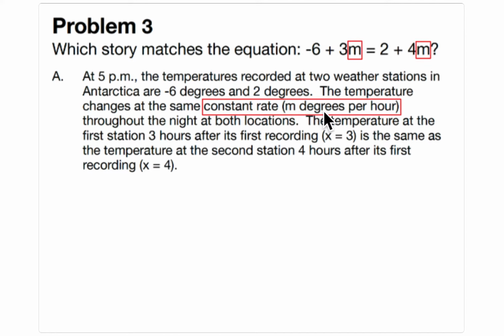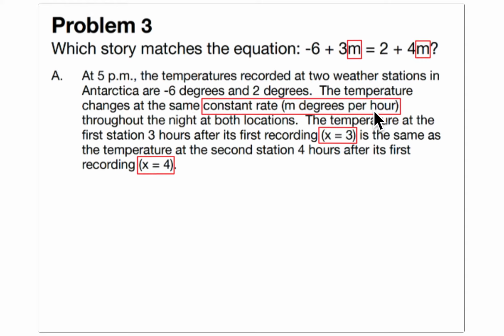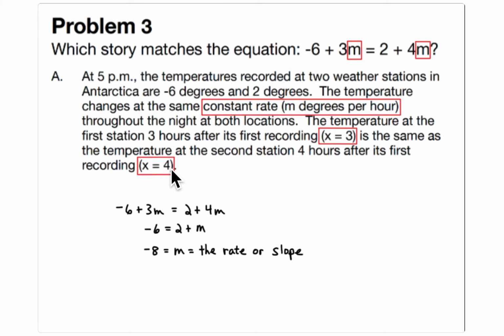So the constant rate, m degrees per hour, and x is equal to 3, x is equal to 4. So in this case, you can solve for m, and you're going to get a value of -8 for this slope right here. And to interpret that in a graph, to draw the same graph that we just looked at, again, it's really beyond the scope of the course.